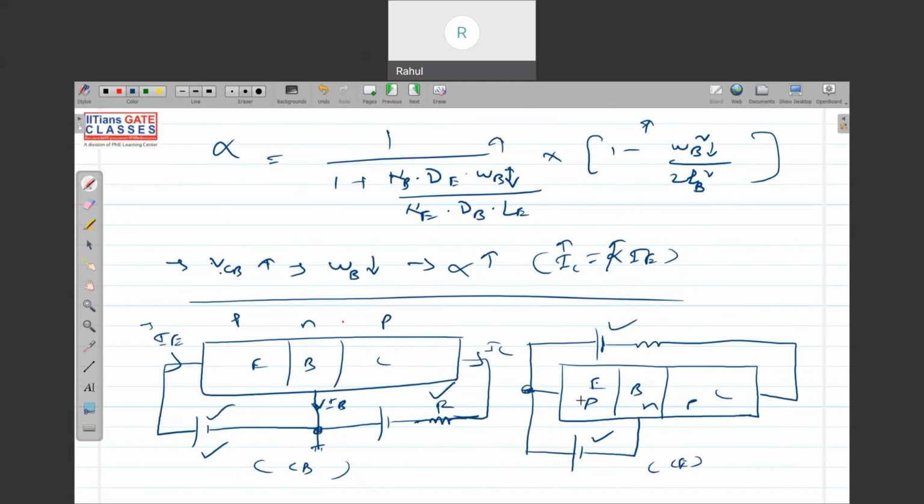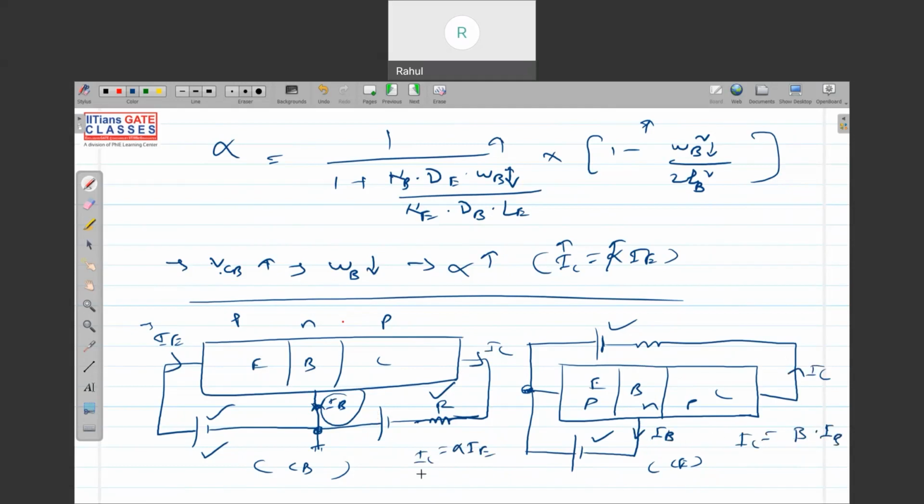So in common emitter configuration, what is the input current? Here the input current is IB. Sorry, in common base the input current is IE, and this is the output current IC. So here IC is equal to alpha into IE. But in common emitter, the input current is IB and the output current is IC, so IC is equal to beta into IB.